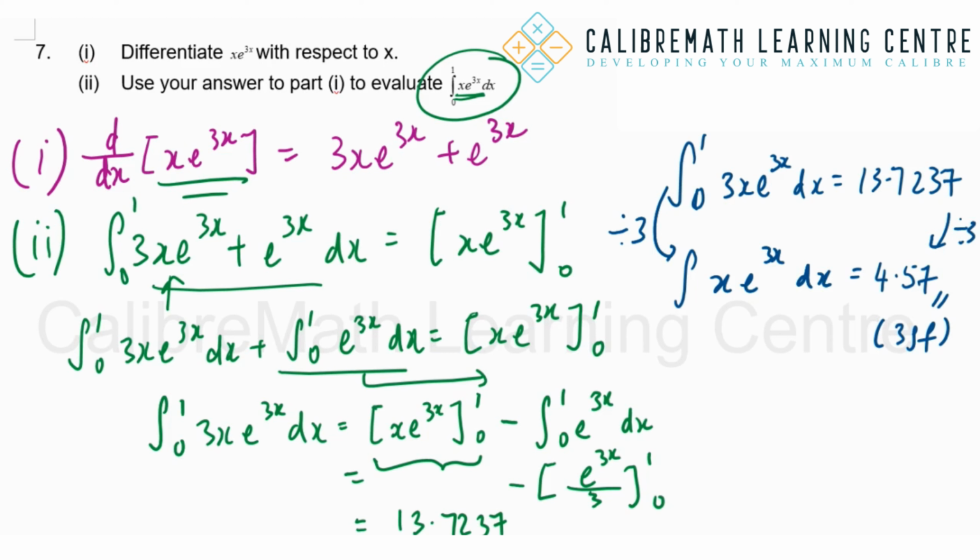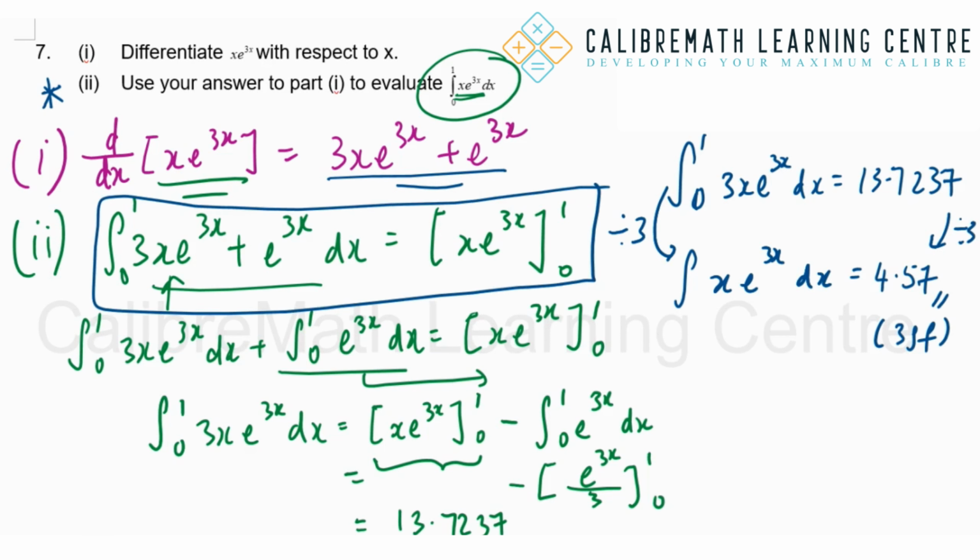So you can see that questions number 7, part 2 and 4 will actually involve more complicated skills of making a part of your differentiated form the subject. So it is really important that I want you to keep it consistent, that every time you do working backwards, always start by writing out this, which is the reverse, and then making that the subject and eventually getting to what the question wants.